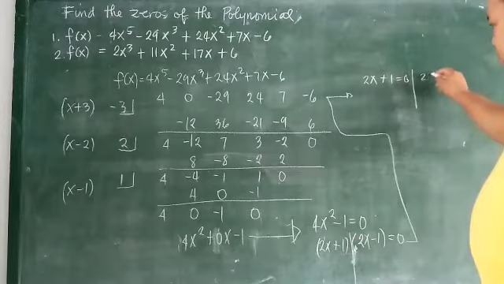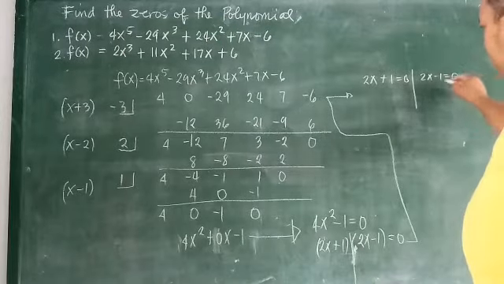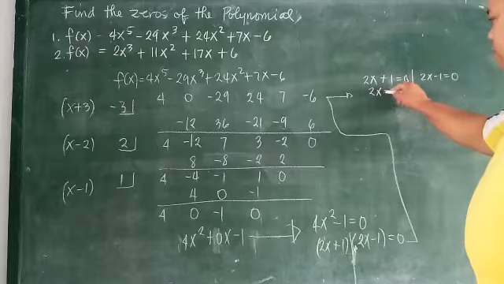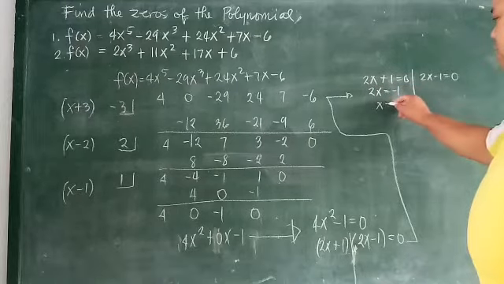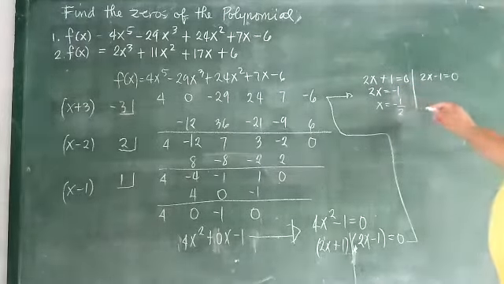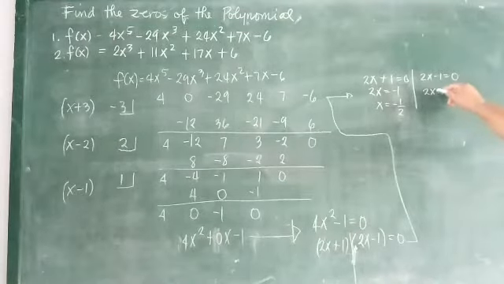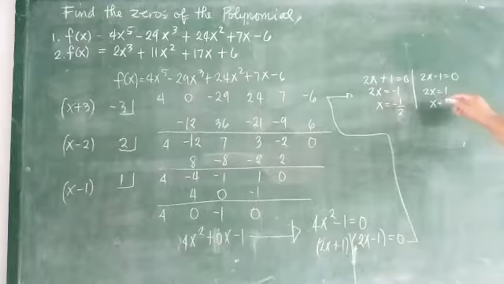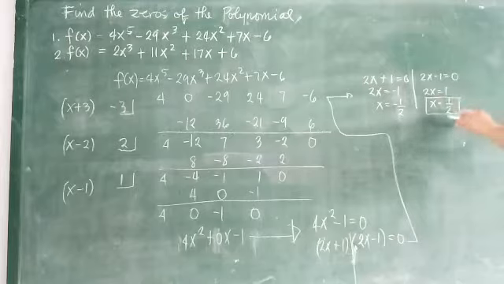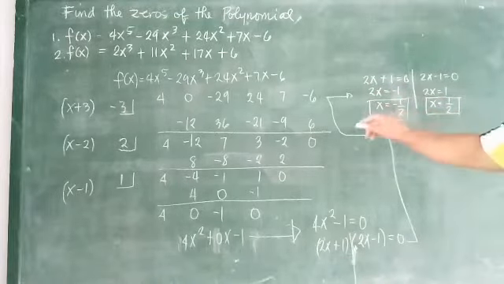The other one is 2x minus 1 equals 0. So this is 2x equals negative 1, and x here equals negative 1 half. The other one is 2x equals 1. So divide both sides by 2, x equals positive 1 half.